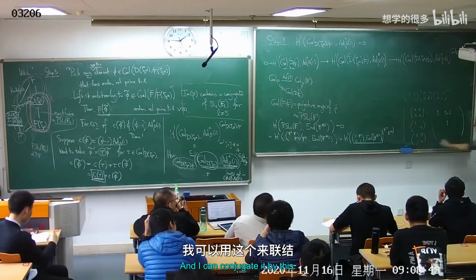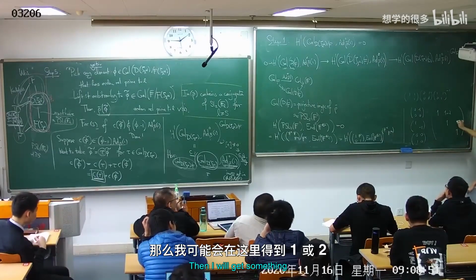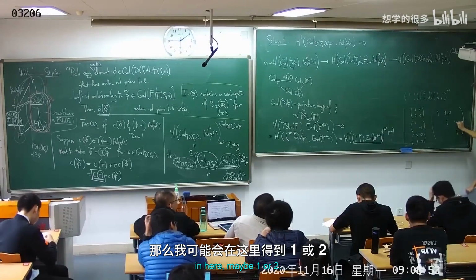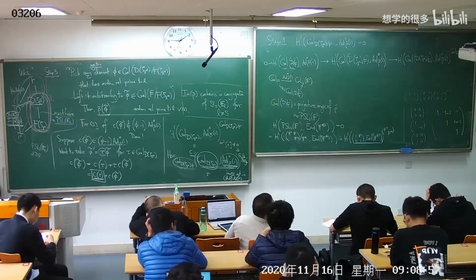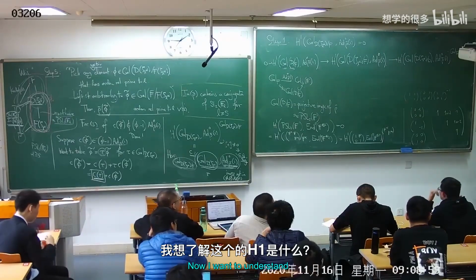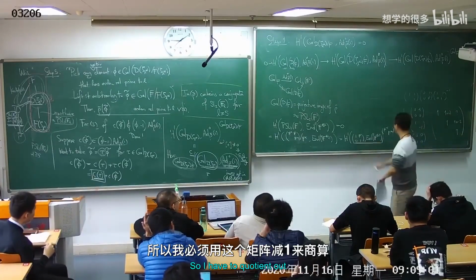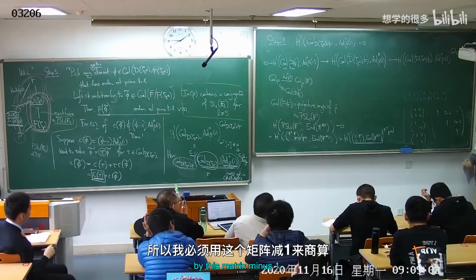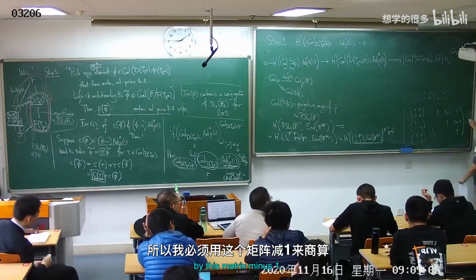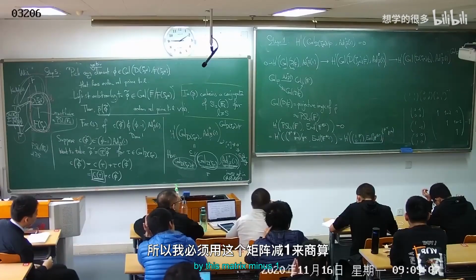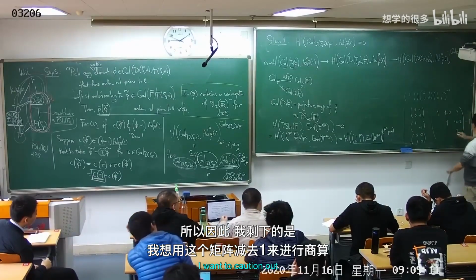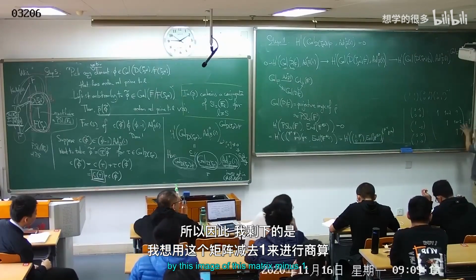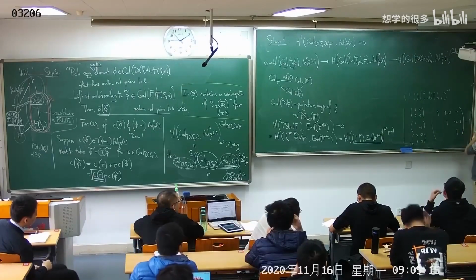Okay, and I can conjugate by this. Then I will get something in here, maybe 1 or 2. I don't care. Now I want to understand what is H1 of this. So I have to quotient out by the image of this matrix minus 1.